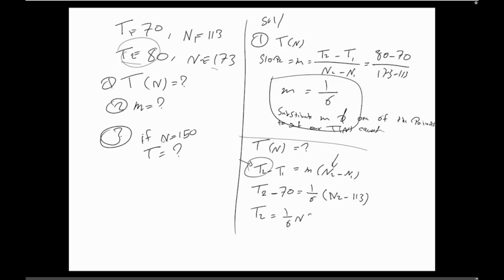After doing that, you're going to end up with T2 equals 1.6 n2 plus 51.16, and I think some values over here. So what we're going to say is T of n is equal to T2, which equals 1.6 n plus some value, and this is our function.